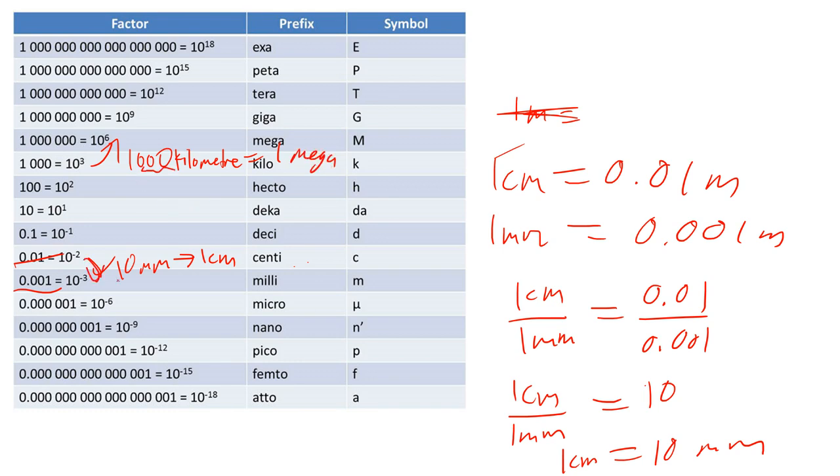Because you only jumped by 1, you have 1 zero. You jump by 3, you have 3 zeros. If you jumped by 3 over here, 1,000 peta goes to make 1 exa. So you can think of it like that.